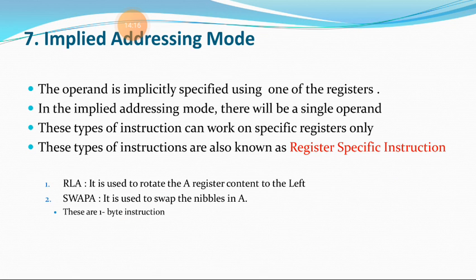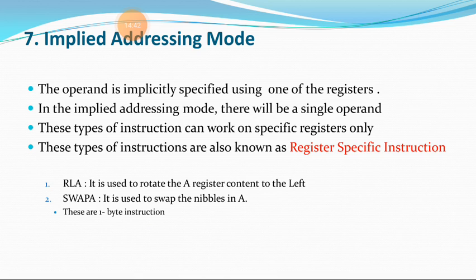The next one is implied addressing mode. Here the operand is implicitly specified using one of the registers. In the implied addressing mode, there will be a single operand. This type of instruction can work on specific registers only, and it is also known as register specific instruction.